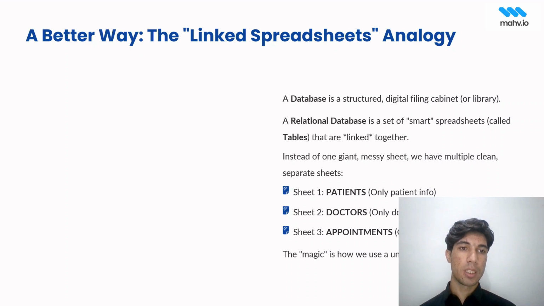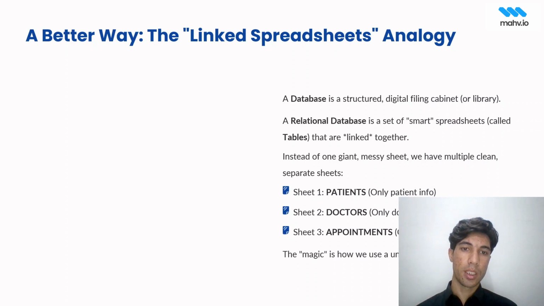What does smart spreadsheets mean? We're going to see that in the next slides. But a relational database is a set of smart spreadsheets, and we call those smart spreadsheets tables. They are linked together.